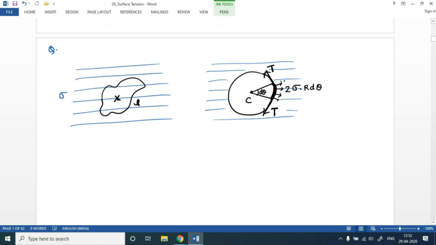If we balance, this T and this T will have a net component towards the center, and when balancing these forces, you will get 2T sin(d theta by 2), and that will be equal to 2 sigma r d theta, right?